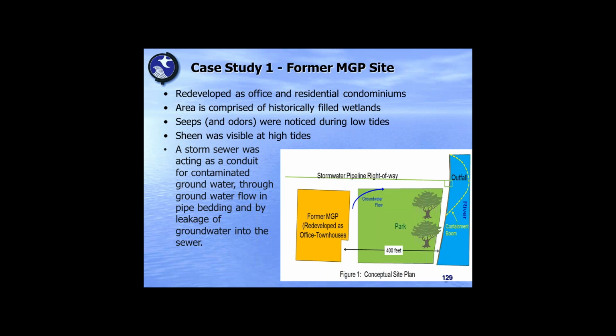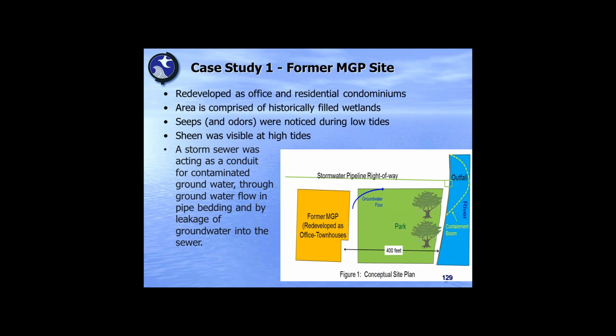We saw seeps and odors that were noticed at low tide, and staining sheens were visible at high tides. And another feature here that I think is important for all of you to consider when you're going through your conceptual site model is the potential for preferential pathways.